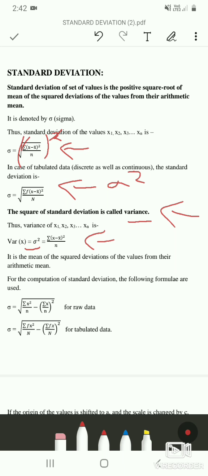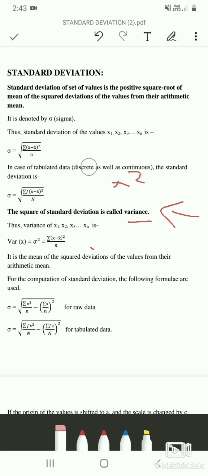That is variance of x is equal to sigma square is equal to summation x minus x bar whole square divided by small n in case of raw data, and in case of tabulated data the formula would be summation f into x minus x bar whole square divided by capital N. So these were the formulas for standard deviation.